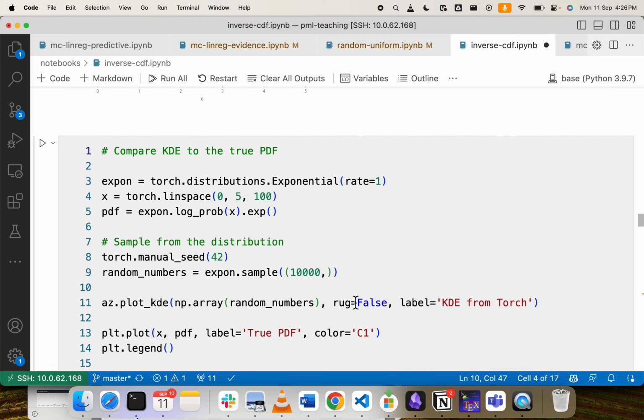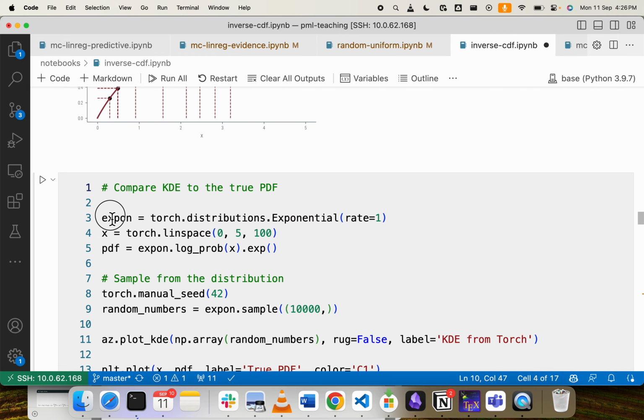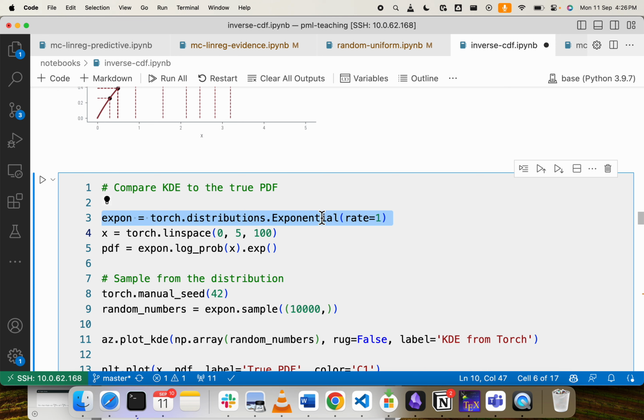I have the exponential distribution, the true distribution from which I am trying to generate the samples.